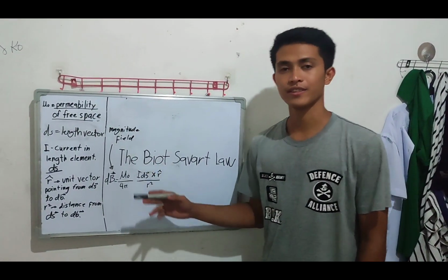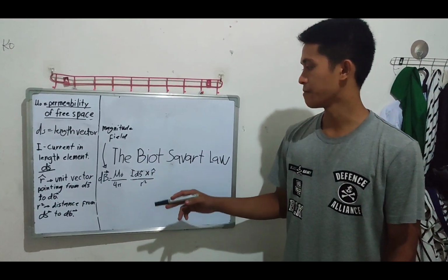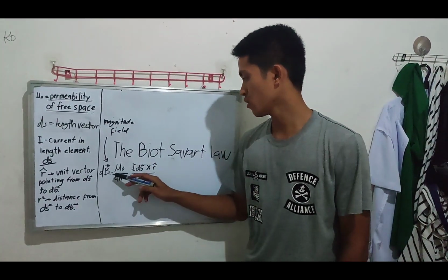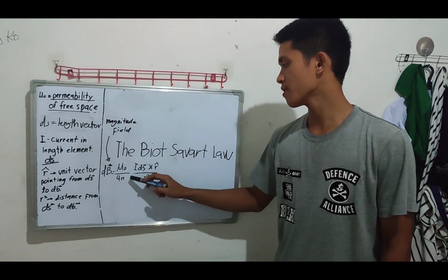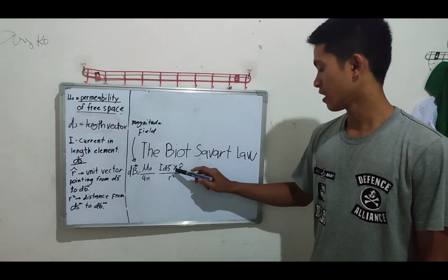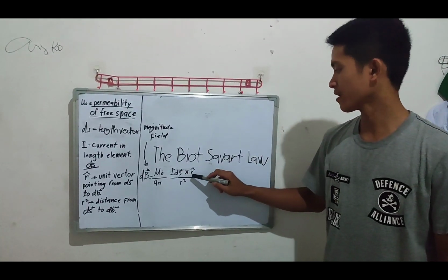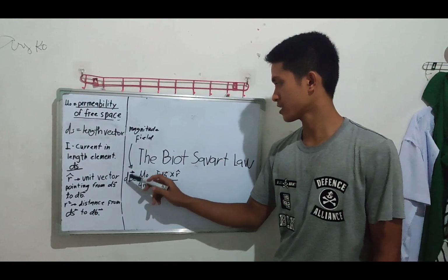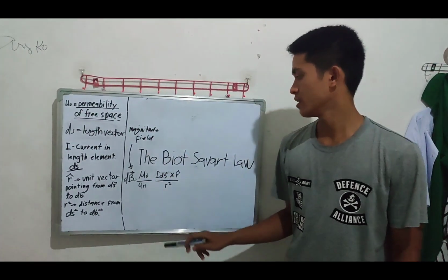So we have here the mathematical expression of the Biot-Savart law. dB is equal to mu sub 0 over 4 pi times I ds cross product r hat over r squared. dB stands for magnetic field.